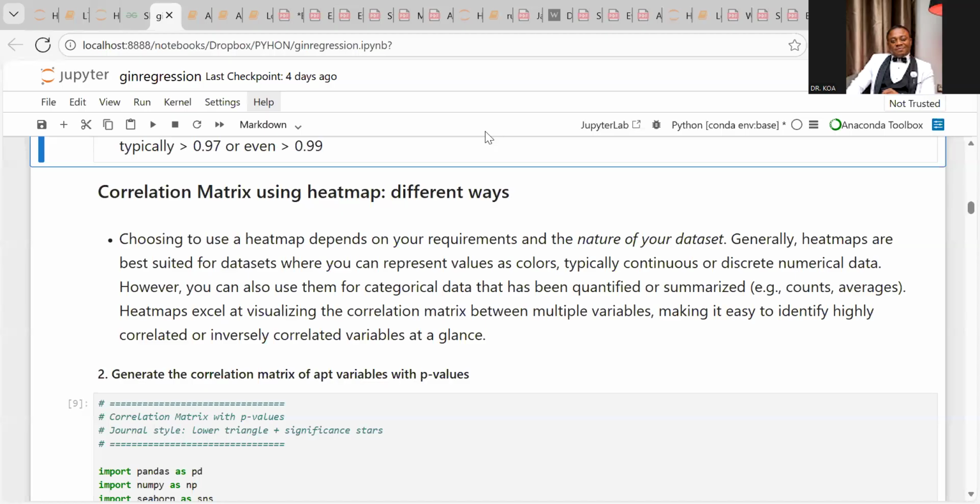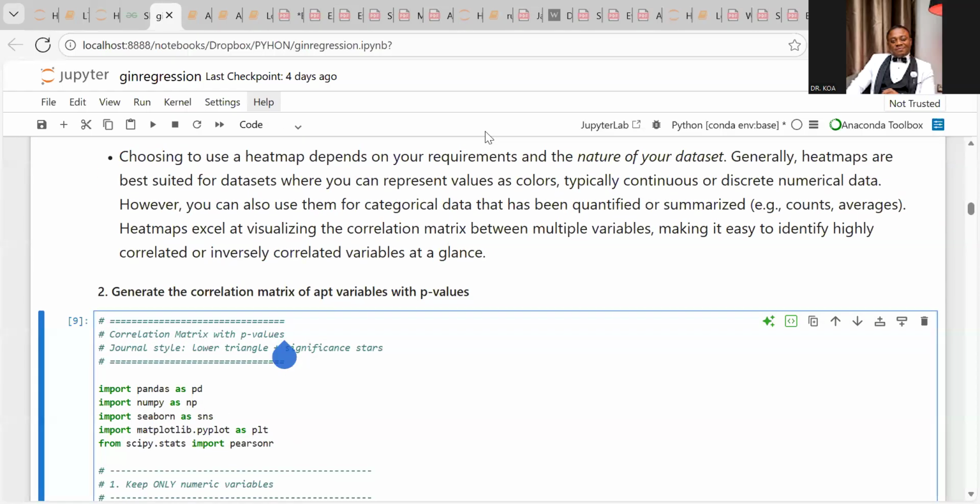Now, somebody said, well, how will I be able to know this code? Sometimes when you are here and you are doing it with me, you know. Okay. So now we are going to generate a correlation matrix for the appropriate variables. Why the word appropriate? Because some of the variables are categorical and we don't want to generate their correlation.